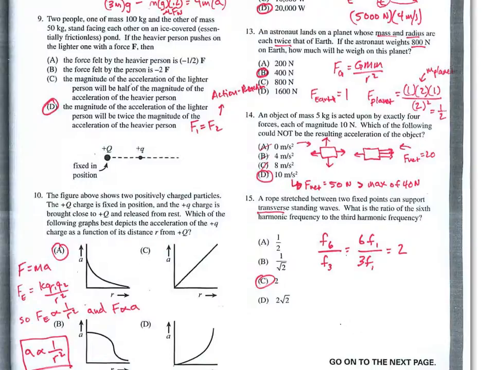Number 14 is almost a trial and error type of problem. We know that there are 4 forces, each 10 newtons. Depending on their direction, in some cases the forces might add, in some cases they might subtract. Ultimately, if we wanted it to accelerate at 10 meters per second squared, the net force would have to be 5 kilograms times 10 meters per second squared, so 50 newtons.